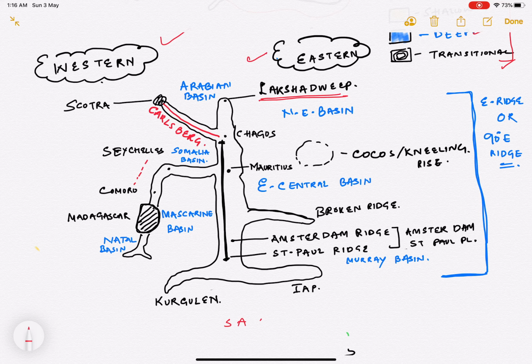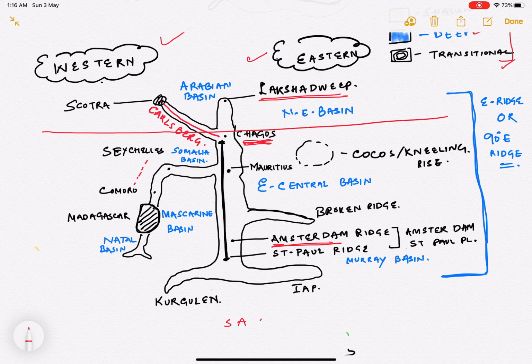In the northern part, north of the equator, we have the Lakshadweep Chagos Ridge. This continues as the Chagos Amsterdam Ridge. Remember that we are naming the ridge as per the location. The Lakshadweep Chagos continued as the Chagos Amsterdam divides the Indian Ocean into western and eastern parts.